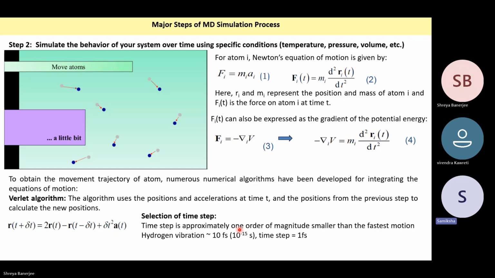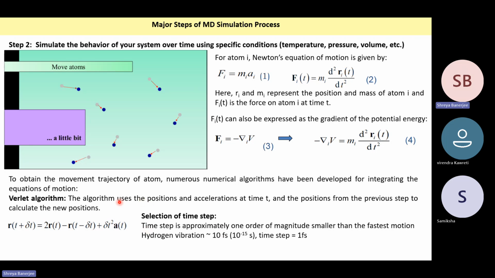Ma'am, in the case of a bond, if we want to calculate bond length or bond energy, we will choose the same time step only? Yes, correct. This time step will be 1 femtosecond. The vibration for carbon-hydrogen is 10 femtoseconds.